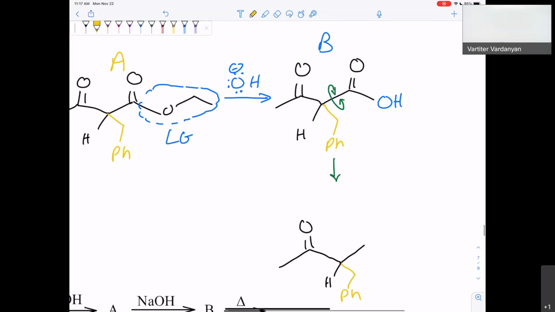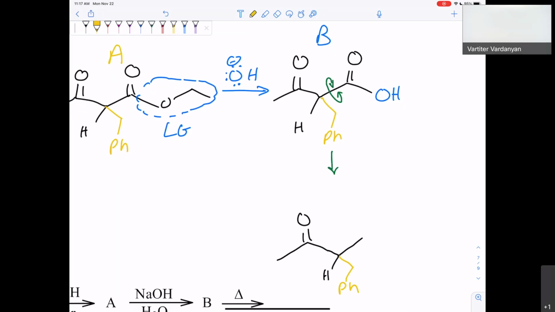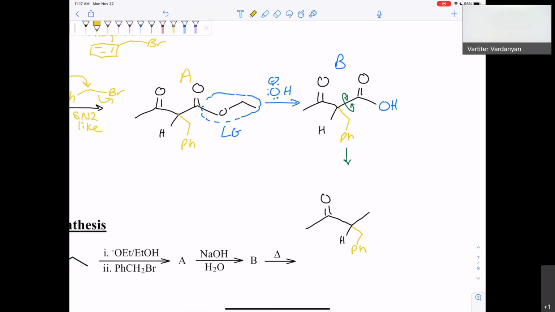The only thing that changes is this OH is now pointing up, and this double bond is now pointing down. So is this okay? Does anyone have trouble visualizing what we did?